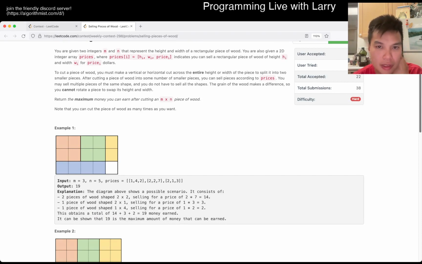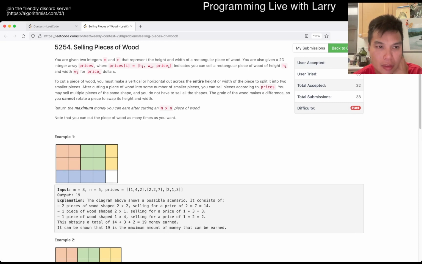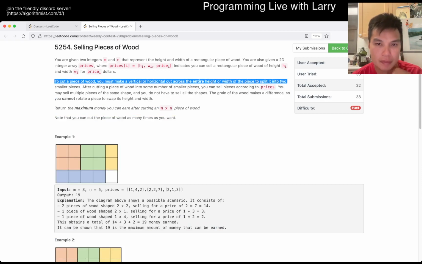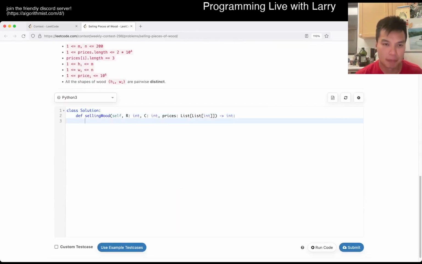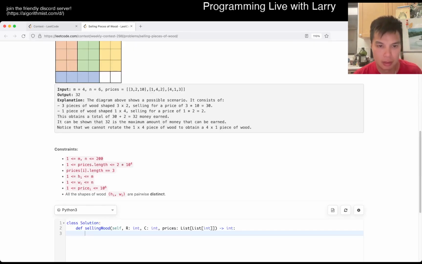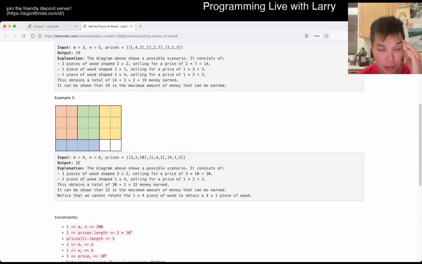Is there a way such that, okay, the entire height, okay, that makes it a lot easier. Okay, otherwise, okay, I didn't understand that. Well, that makes it possible at least. Let's see. Okay, what do we want to do?